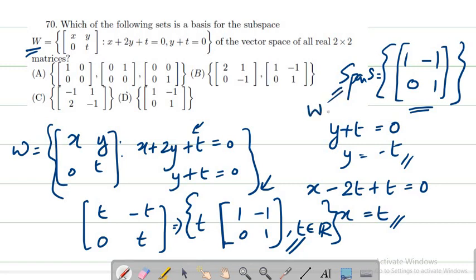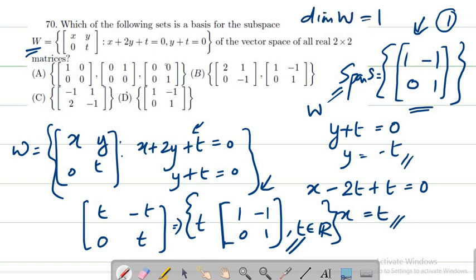So the span of S is W, and we have a singleton set here with a non-zero vector. It's actually a linearly independent set. That means S is a basis, and the cardinality of this set is 1. So the dimension of W is equal to 1.